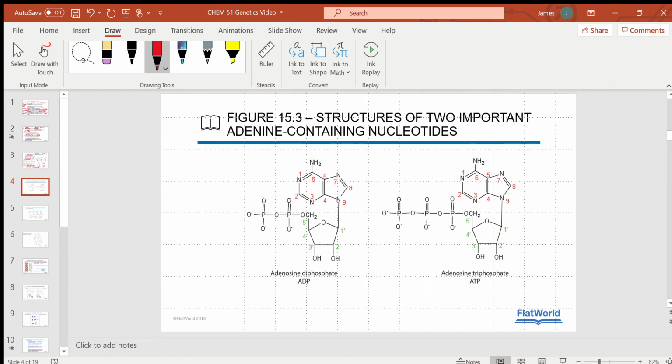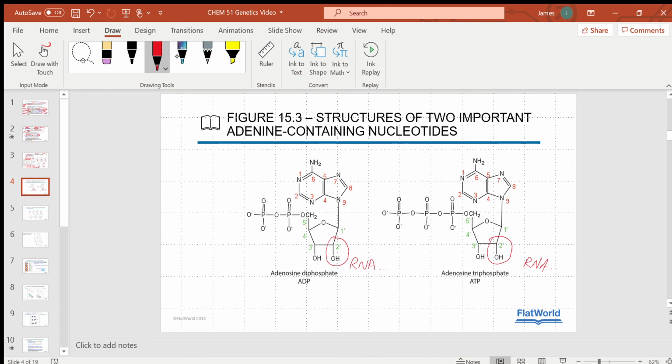Just in passing, there are some important nucleotides. Notice if we look at the 2' carbon of the Haworth projection of the ribose sugar, these are both from RNA. If they were DNA, they would be deoxygenated here.